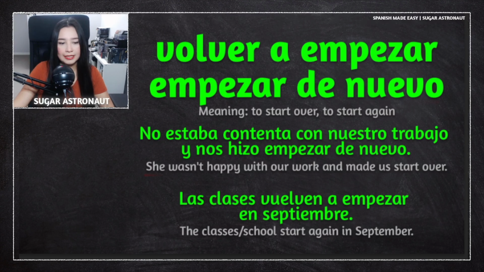If you're using classes, the classes start again in September, of course. Las clases, this term is commonly used in Spanish to refer to when school starts or when you start your classes, okay? Las clases means the classes.